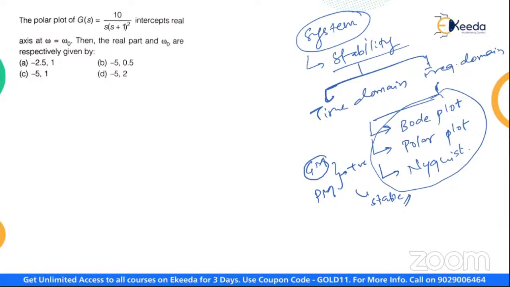Means my system is a stable system. Now, if I want to increase the gain of the system, then up to what value, or how much space do I have to increase the gain such that my system will remain stable?